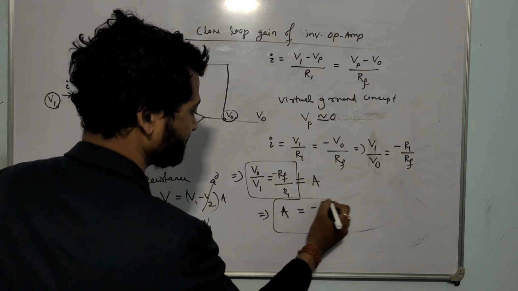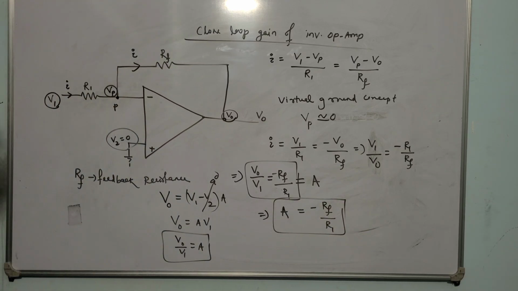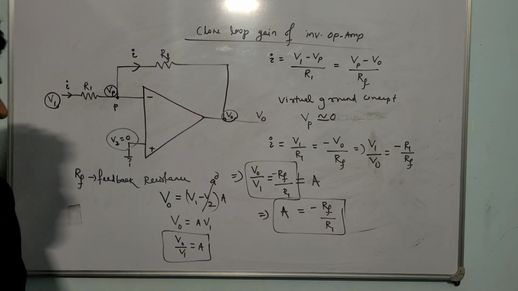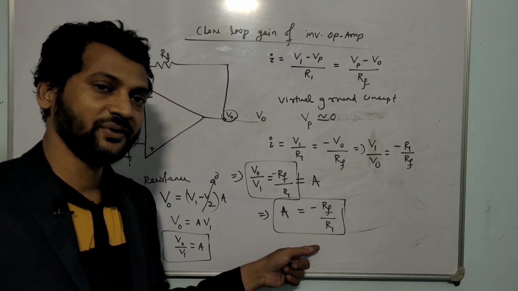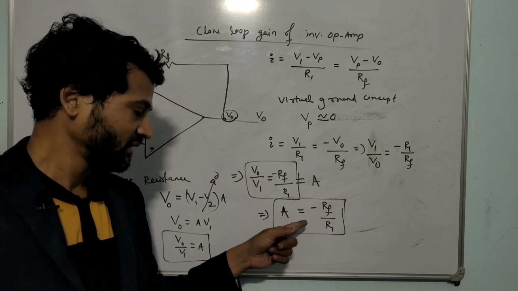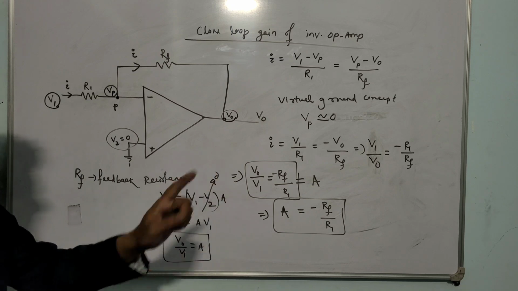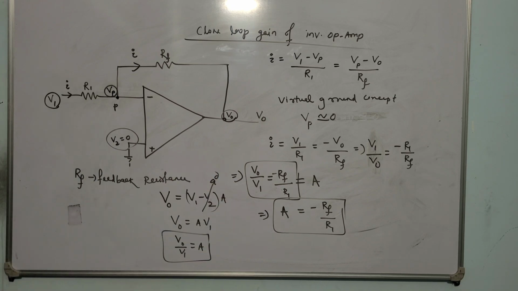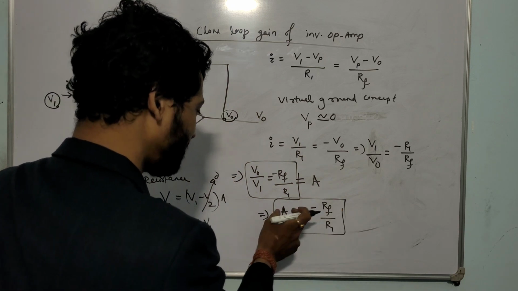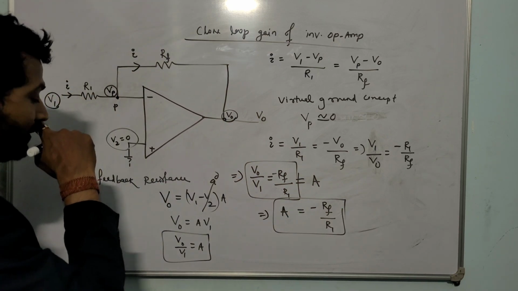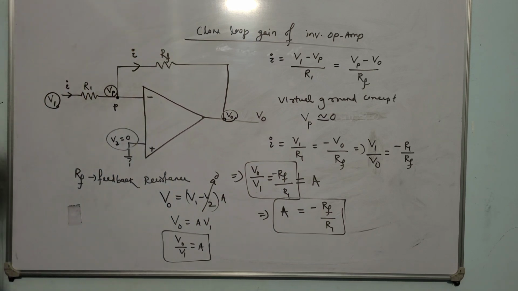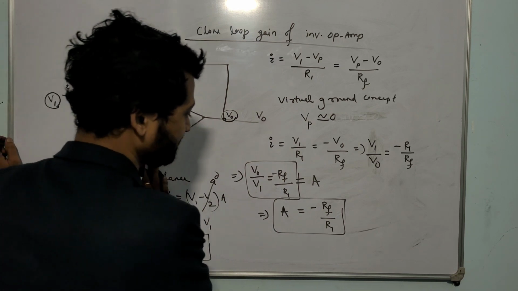Most important formula याद रखो, इससे न्यूमेरिकल आ सकता है, minus RF upon R1. So what you conclude, मतलब by changing the value of feedback resistance, we can change that gain. Understood, मतलब by changing the value of feedback resistance we can manipulate the value of A or gain. So that is all about closed loop gain of inverting operational amplifier.